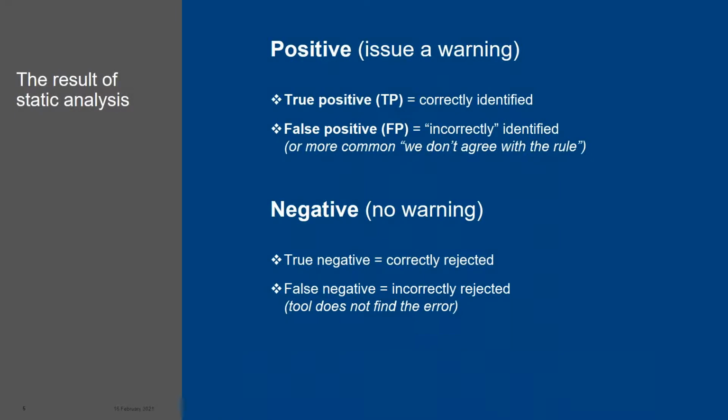So all static tools give some indication. When you do a static analysis, you either get a positive indication or you get a negative, that is nothing. And this positive indication, when you issue some kind of warning, could be either a true positive or a false positive. A false positive means that it's not correctly identified.